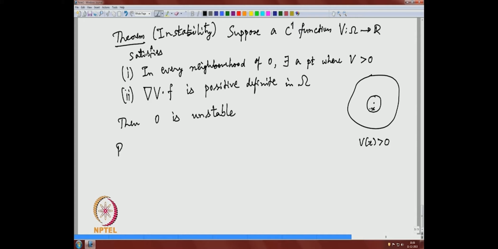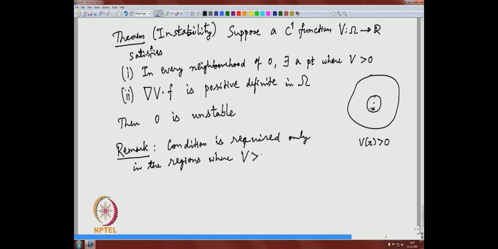Okay. So, remark, I will just write whatever I said now. Condition 2 is required only in the regions where V is positive.